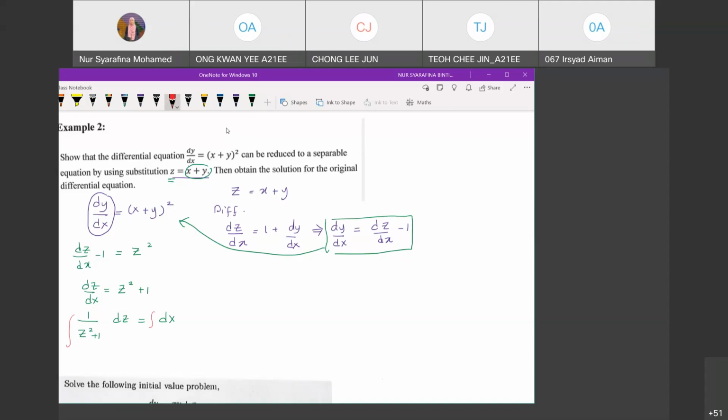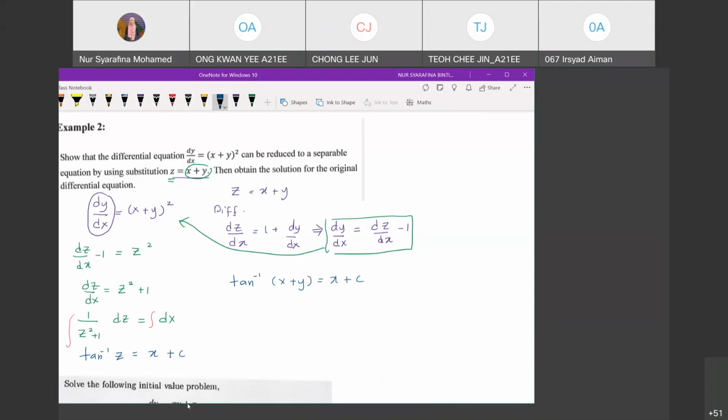So you should have here arctangent z equals to x, right? Yes. Okay, the original problem is given in terms of x and y, and the solution now is in terms of x and z. So just substitute back. What is that? x plus y. Okay, arctangent of x plus y equals to x plus c.